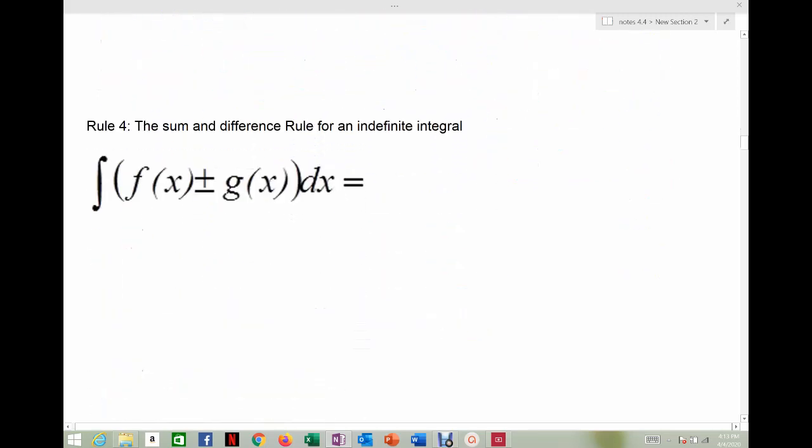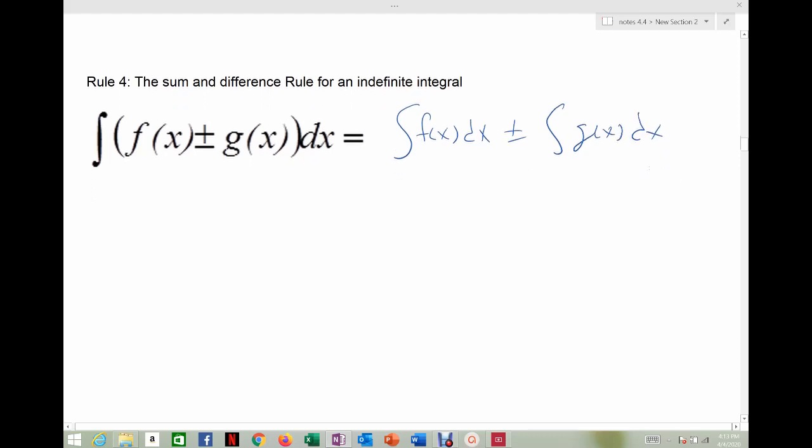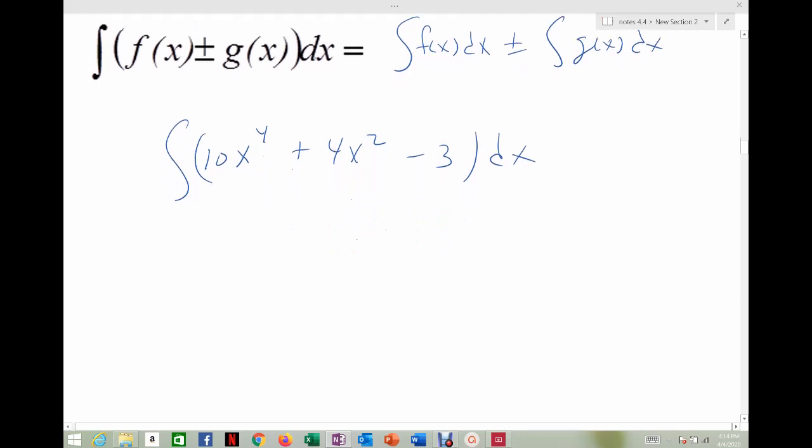Now the sum and difference rule. Just like with the derivative, I can split my integration over my individual functions, just at the little individual parts. So this allows me to take care of more complex functions like a polynomial.